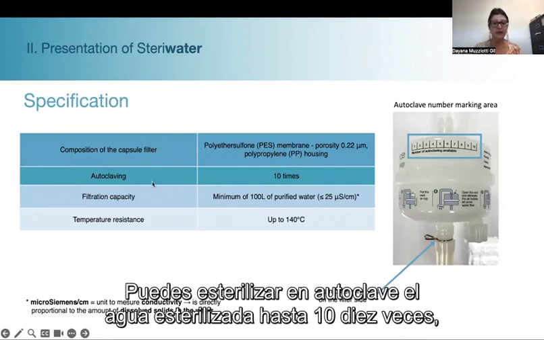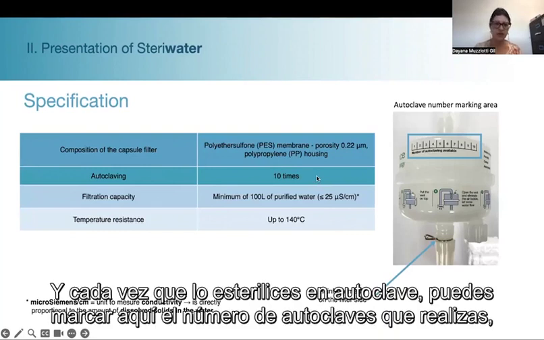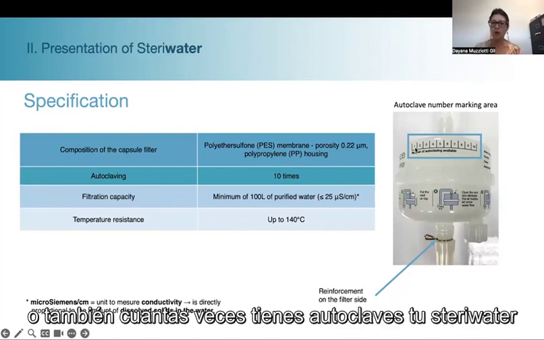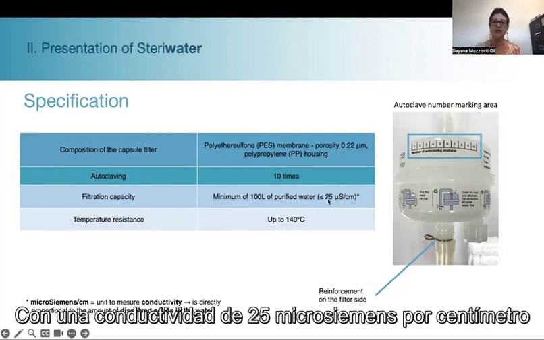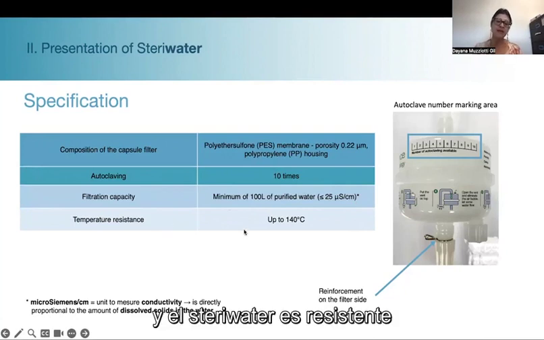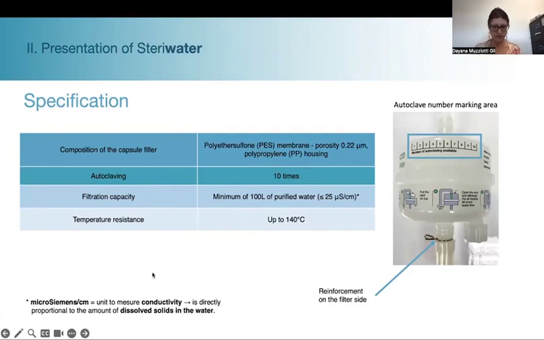You can autoclave the sterile water up to 10 times, and every time you autoclave it, you can just mark right here the number of autoclaves, so you keep track of how many times you have autoclaved your sterile water. Filtration capacity, 100 liters of purified water with a conductivity of 25 microsiemens per centimeter. And the sterile water is resistant up to 140 degrees.